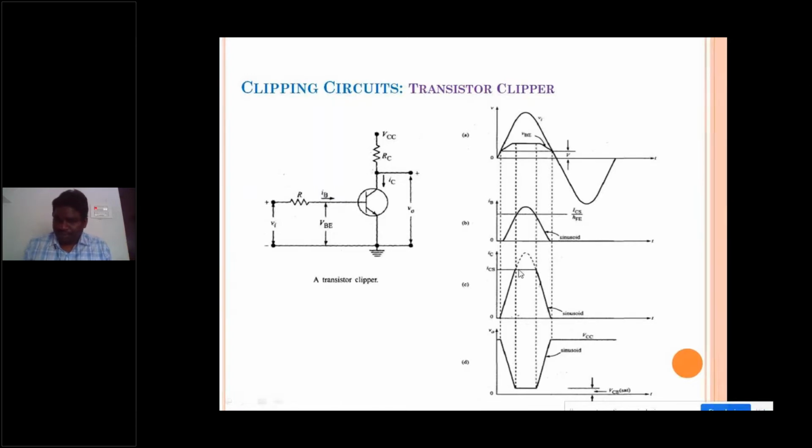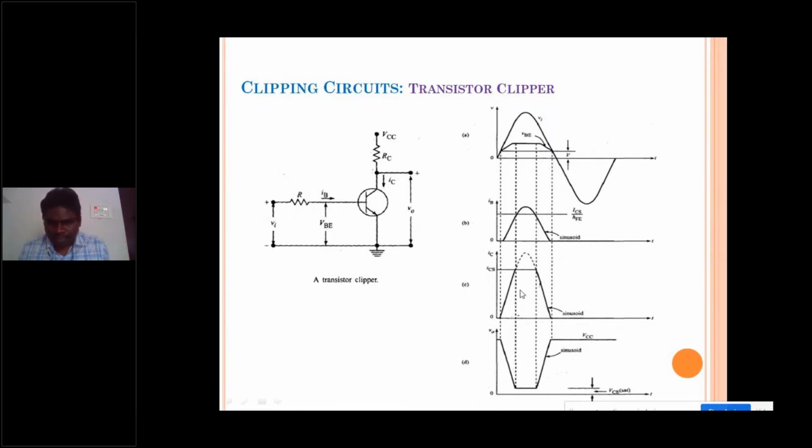But at one particular point, even though the base current is increasing, you are not going to get more collector current, because the collector current reaches saturation. Once it reaches saturation, even though you increase the base current, there is no increment in the collector current. The collector current is saturated and remains there itself.